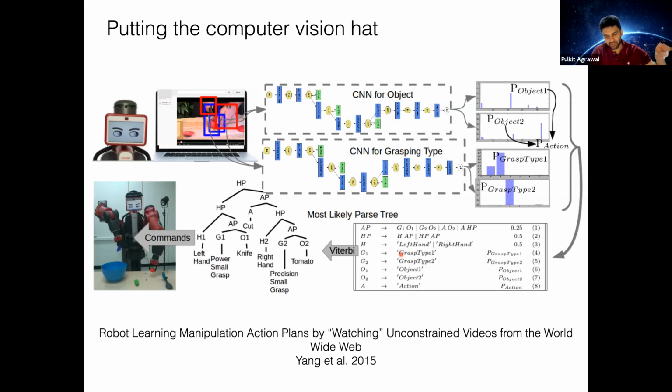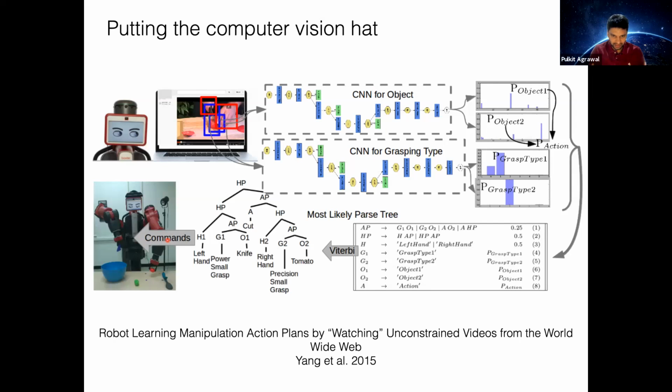And then you would get this information per frame, and convert it into a parse tree depending on some grammar that you end up defining. Now these things, like left hand doing a power small grasp on a knife, are things which I can hand code on the robot, right? I can hand code a small grasp, I can hand code a precision grasp, and then the robot can execute it.